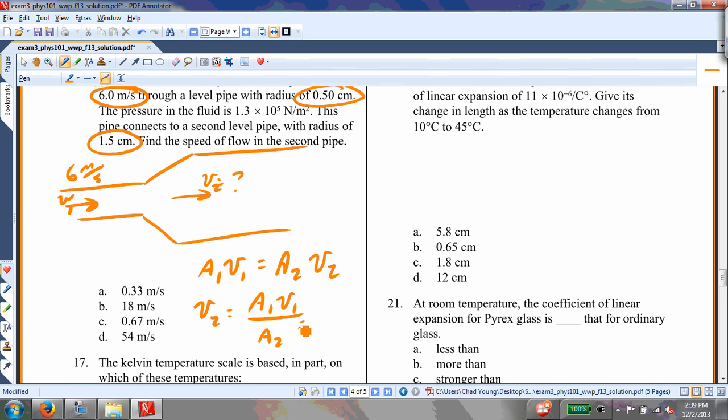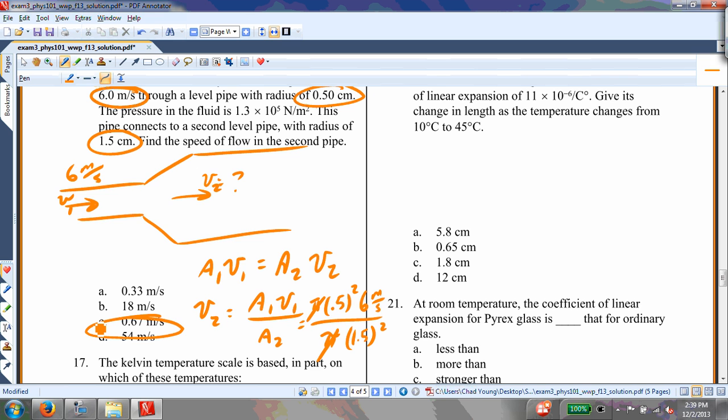A1 is going to be pi r squared, 0.5 centimeters squared, times V1, which is 6 meters per second, divided by pi times 1.5 centimeters squared. I'm not converting my units here because all my units cancel out anyway, and the pi's cancel. It becomes a fairly simple calculation. So 0.5 squared times 6 divided by 1.5 squared. I get 0.67.